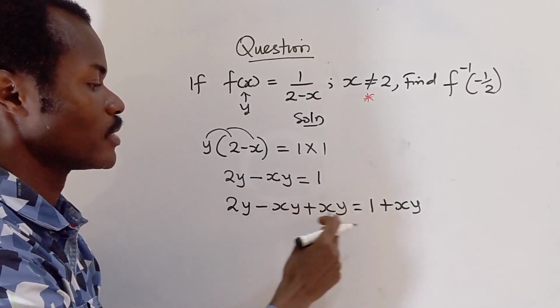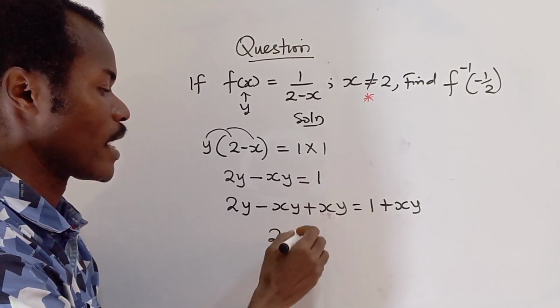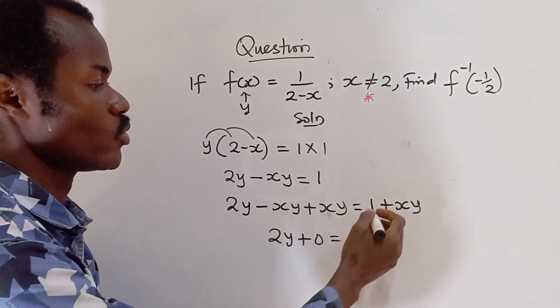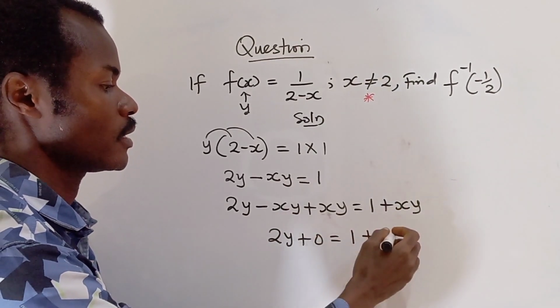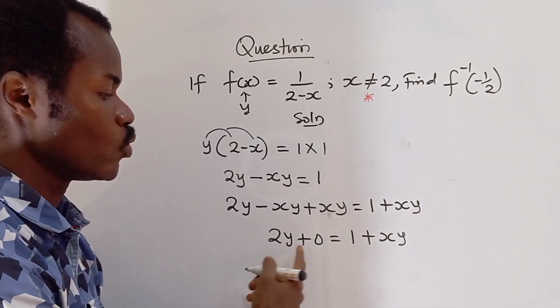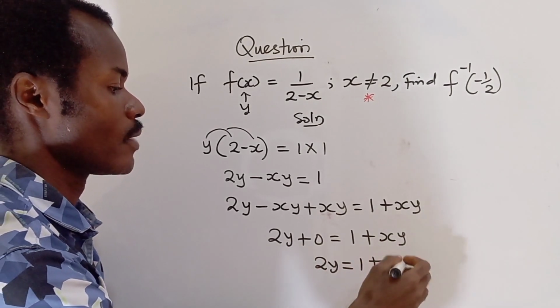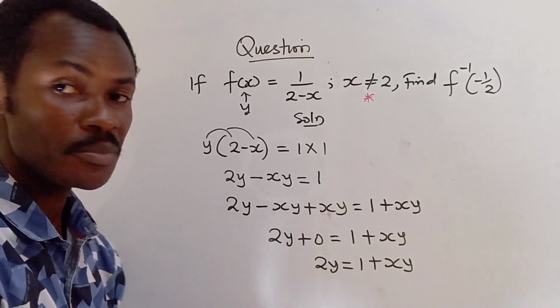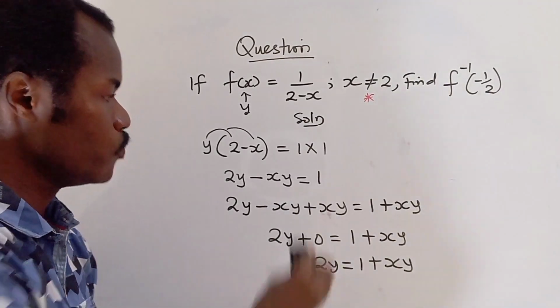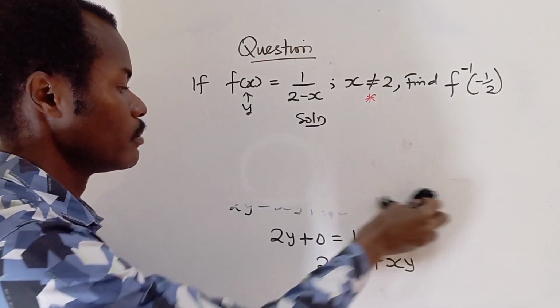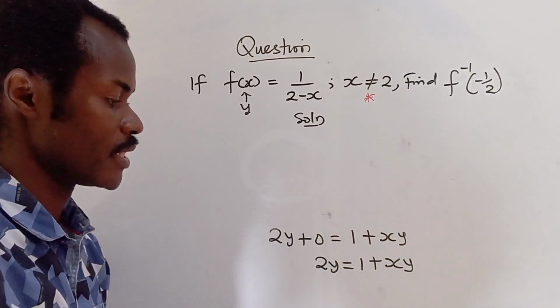So minus xy plus xy is 0. So we have 2y plus 0, which is equal to 1 plus xy. So 2y plus 0 is still 2y, which is equal to 1 plus xy.